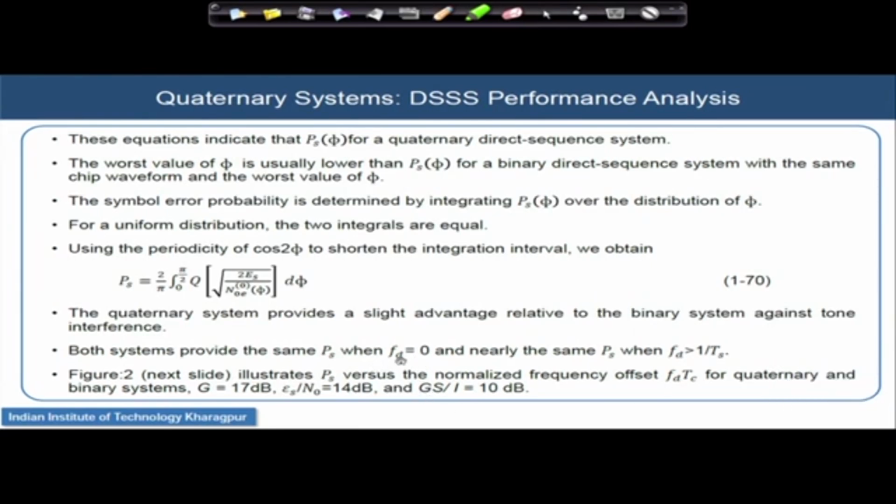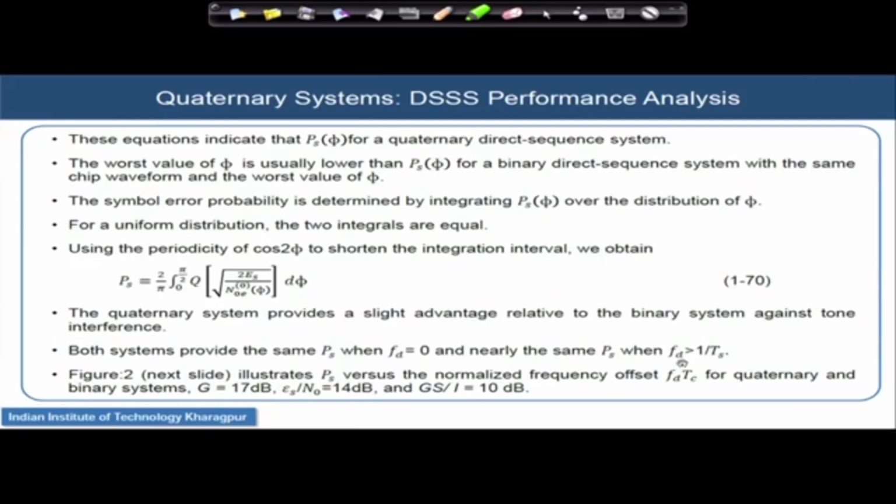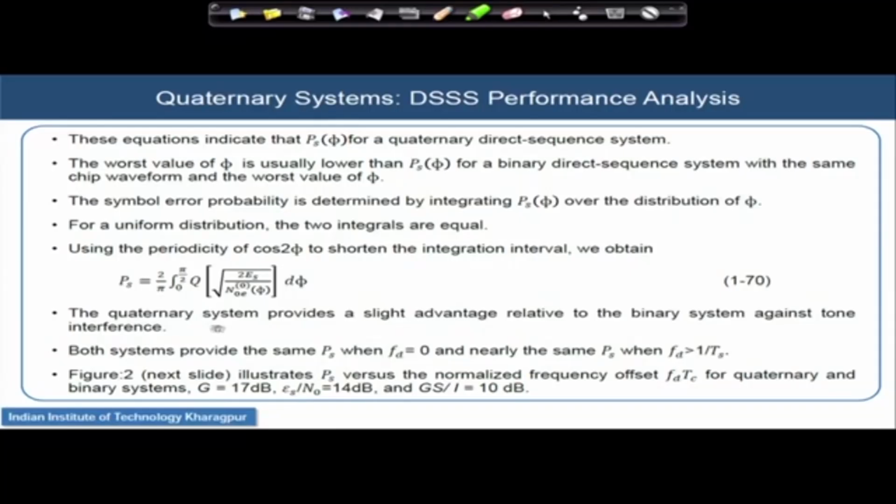When FD is 0, that means the tone interference is exactly on the carrier frequency of our interest, and then the binary system and the quaternary system provide almost the same kind of performance.